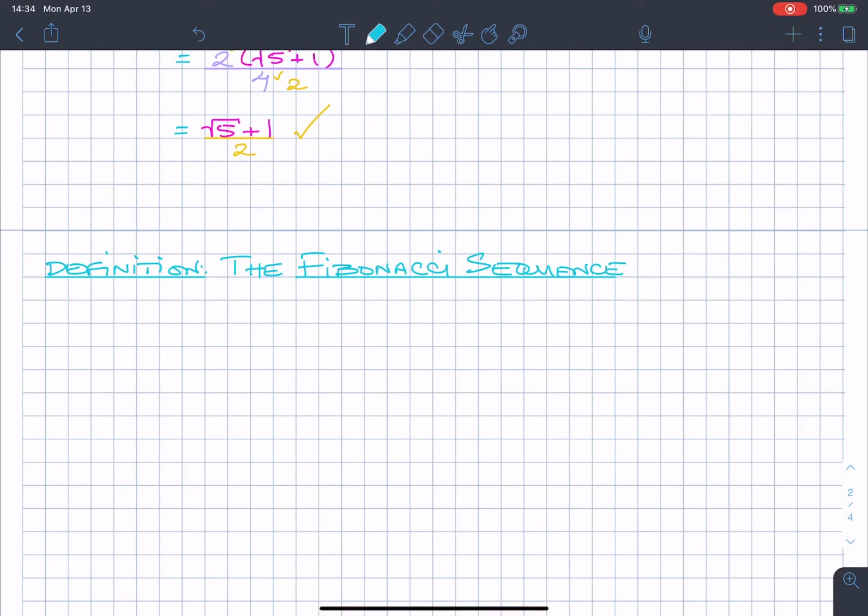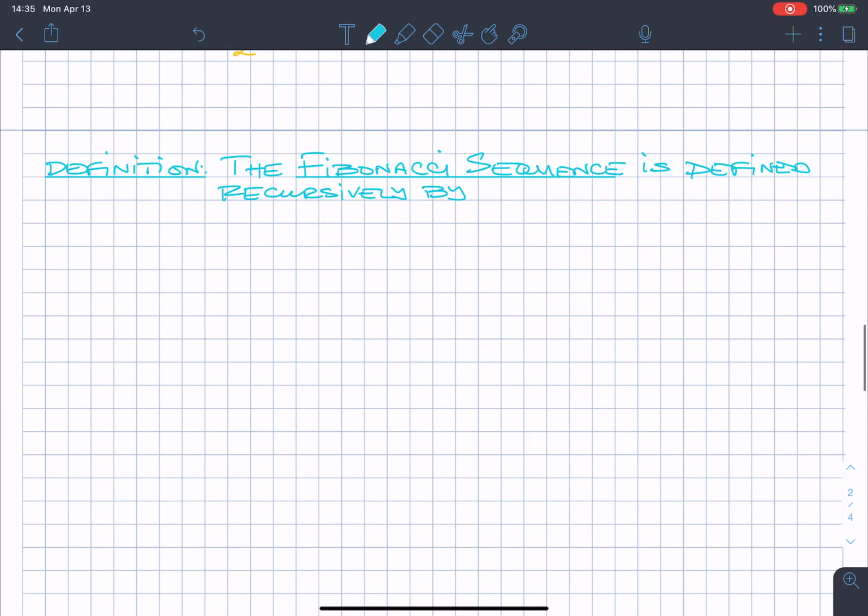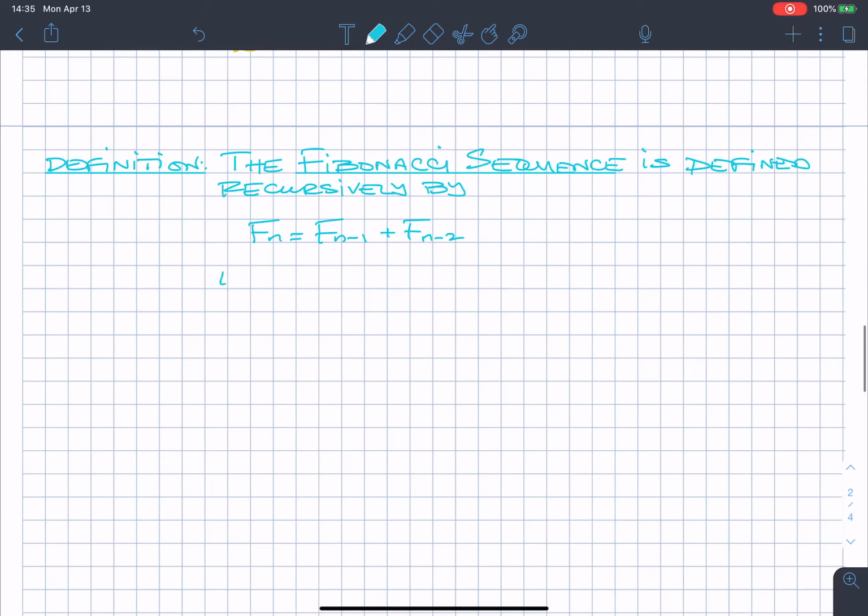It is defined recursively by the nth Fibonacci number will be the nth minus first, that is a previous Fibonacci number, plus the f sub n minus second, the second previous Fibonacci number, where f sub 0 is 1 and f sub 1 is 1.